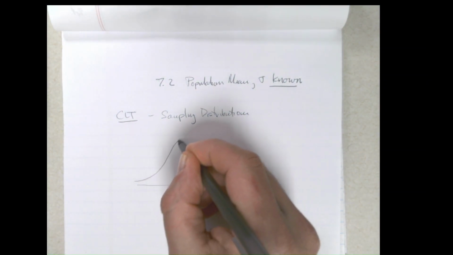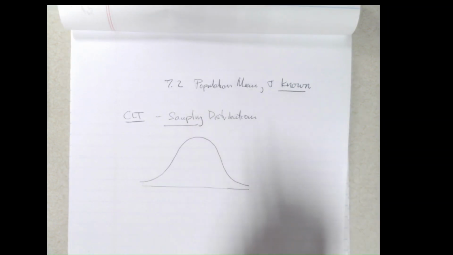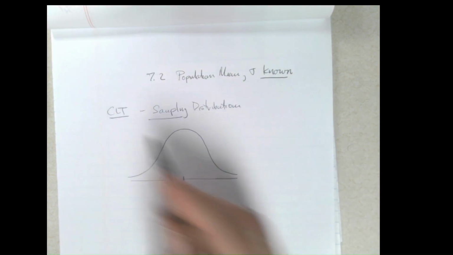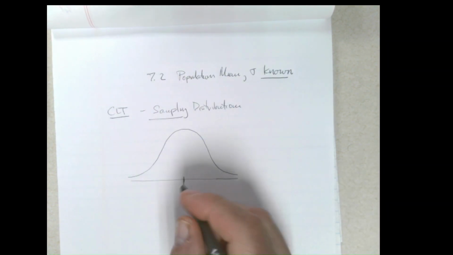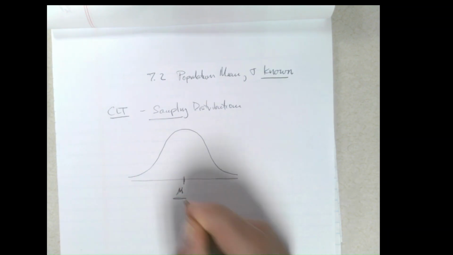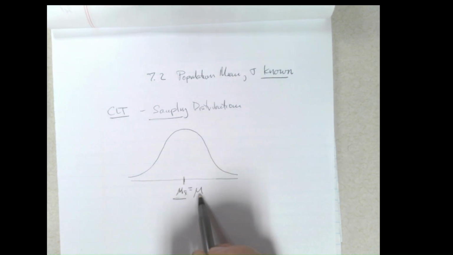So this is not the distribution of the population, it's of the sample, right? And that from the central limit theorem we know is centered on the population mean, all right? So this number is the center of the sampling distribution, and this is the mean that's calculated from all the population data.